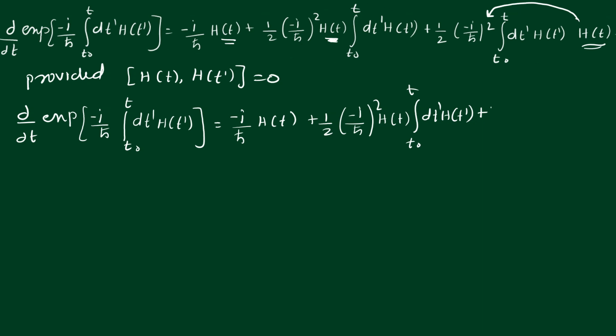So this would become plus half of (minus i/ħ) squared H(t), and then integral t0 to t dt' H(t').